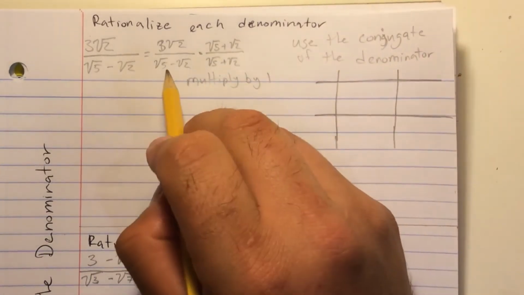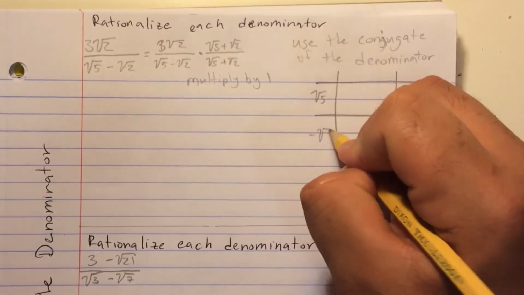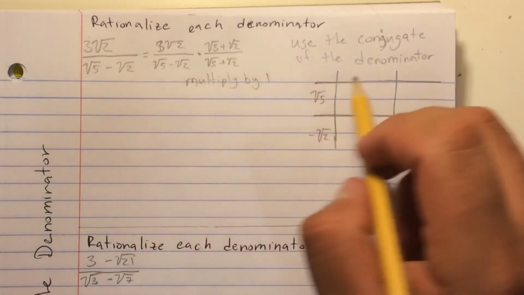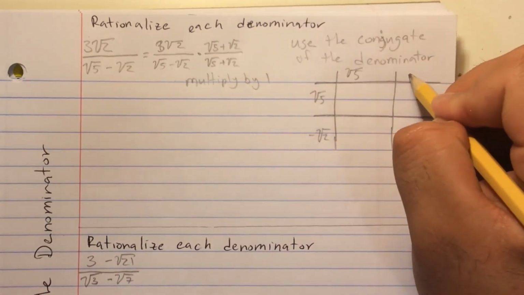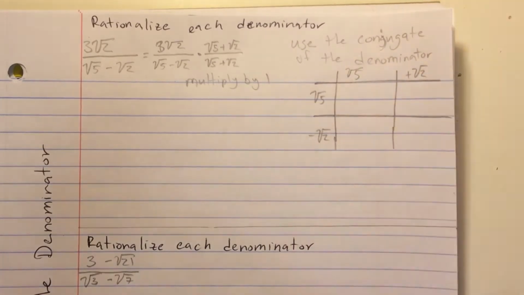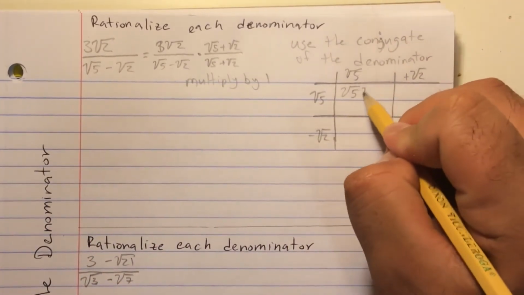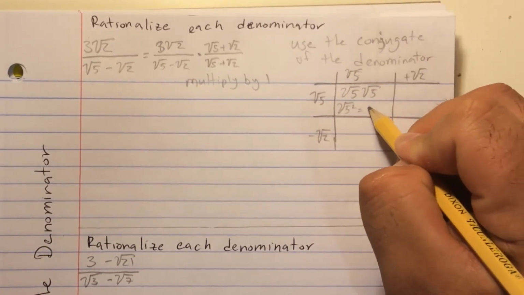We have radical 5 and then negative radical 2 multiplied by radical 5 and then positive radical 2. Remember, these are the conjugates. So radical 5 times radical 5 is radical 5 squared, which is equal to 5 because it reduces.